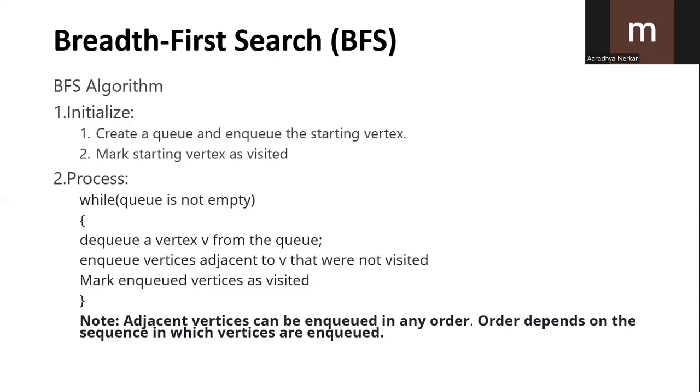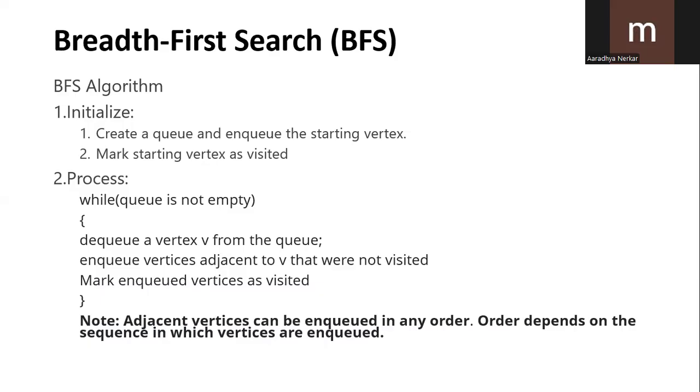In the algorithm, it first starts from any arbitrary node in the given graph. Then we enqueue that starting node. Then, while the queue is not empty, dequeue a node from the front of the queue.